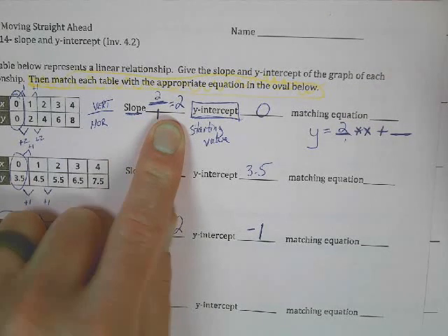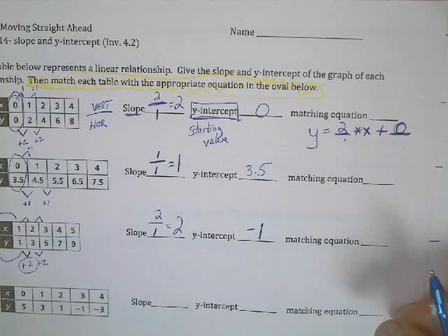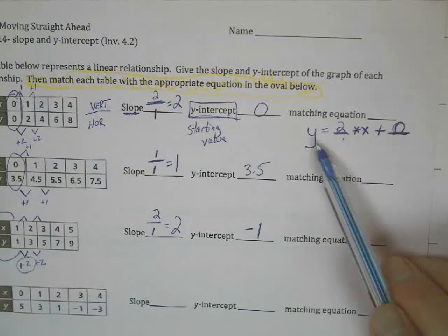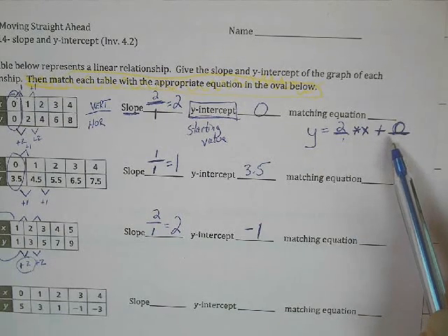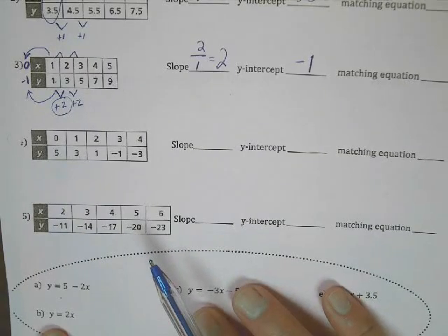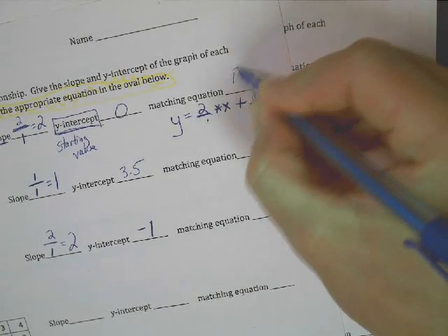And the y-intercept is 0, so we could put a +0 here if we want to, but adding 0 to something doesn't change it. So we could just write y is equal to 2 times x, which happens to be, if we look down here in our oval, y equals 2x is equation B. So we could put a letter B here too if we want to.